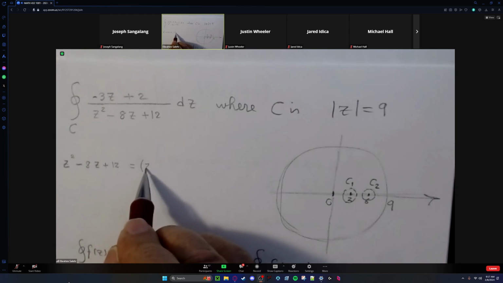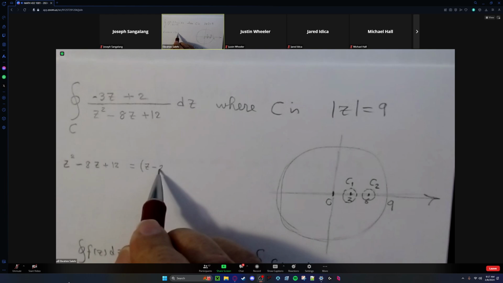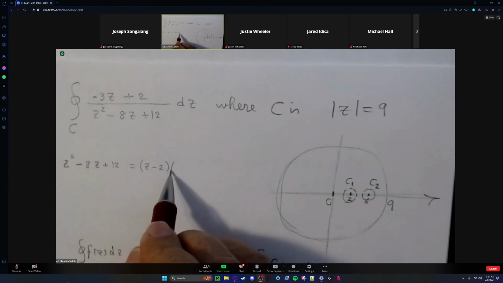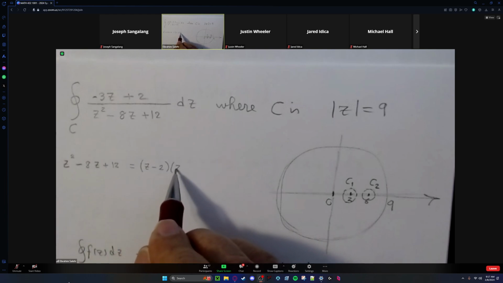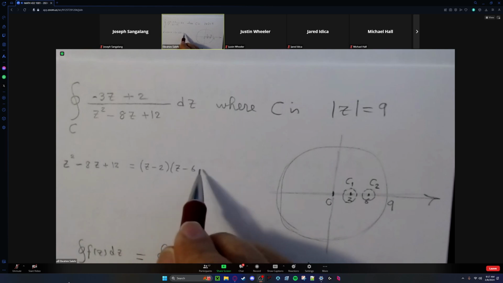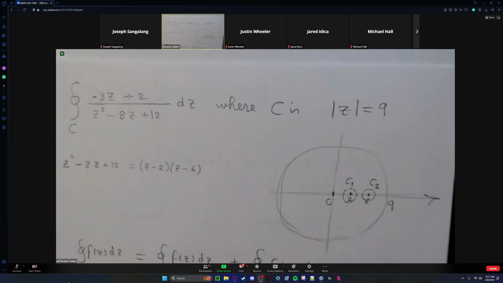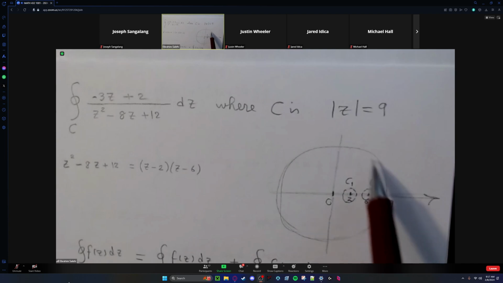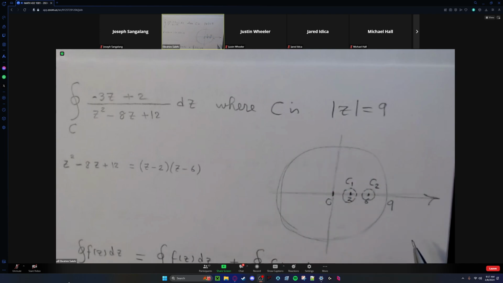Z minus 2 times z minus 6. So there are two bad points, z equals 2, z equals 6. And both of them are within this circle that we want to do integration over.